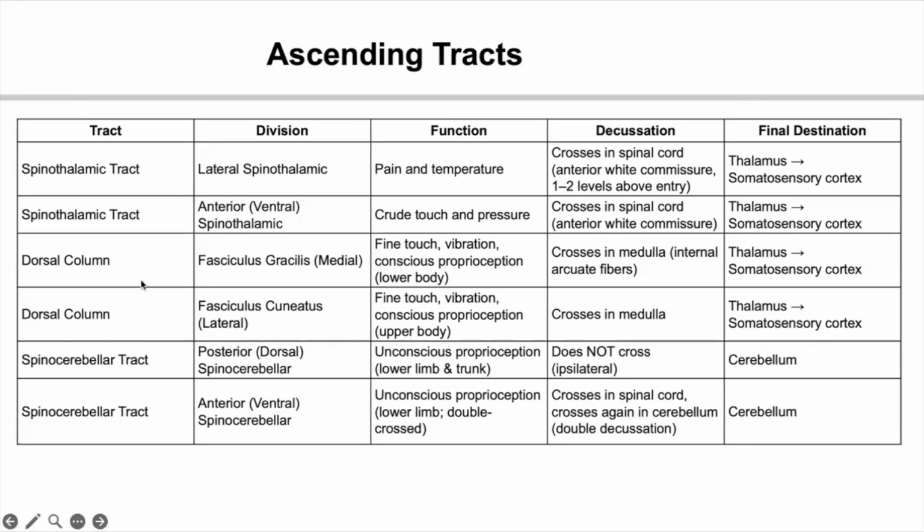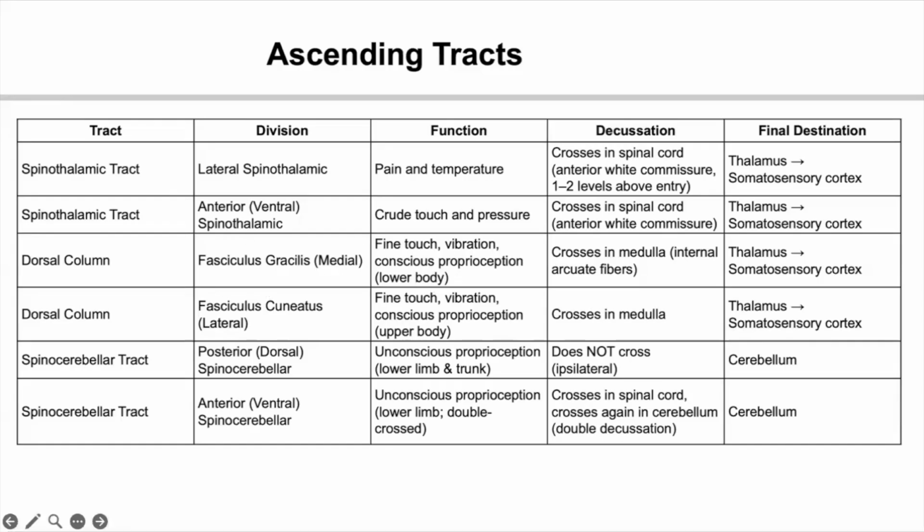You can call it fasciculus gracilis or gracilis fasciculus, both are the same. The fasciculus gracilis, which is in here, carries signals from the mid thoracic and the lower part of the body, as you can see in here.